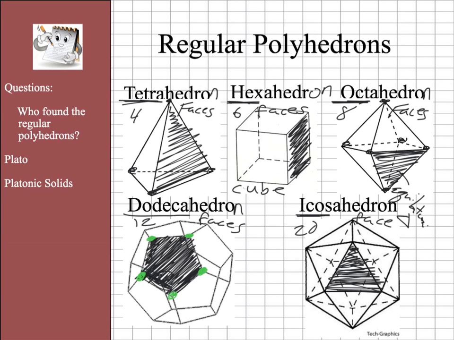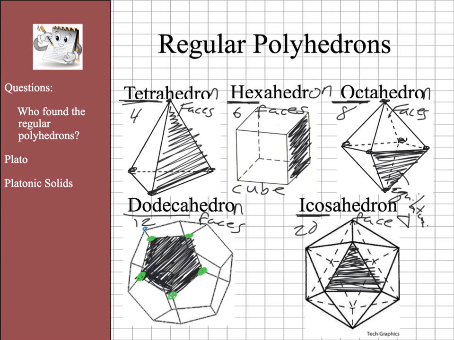Okay? Dodecahedron, right? For faces, we have 12. Vertices, there's 5 there.